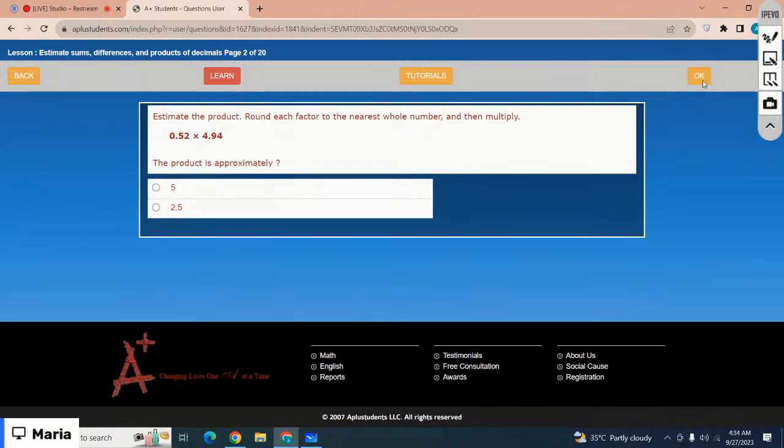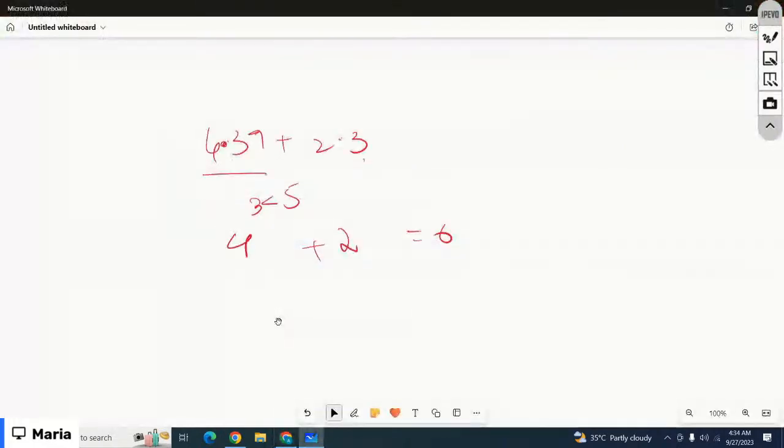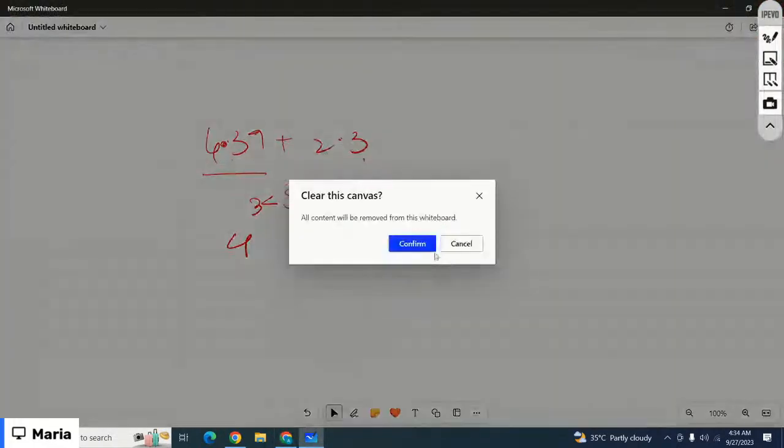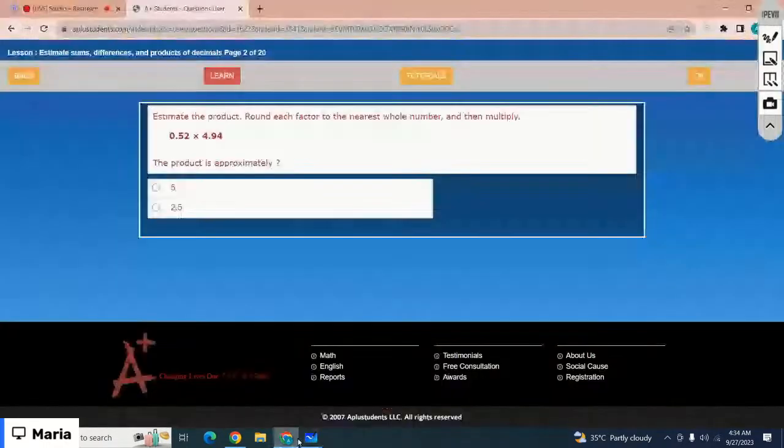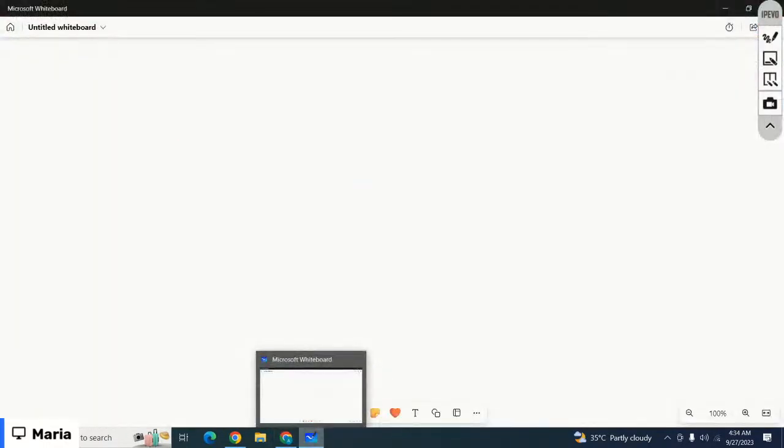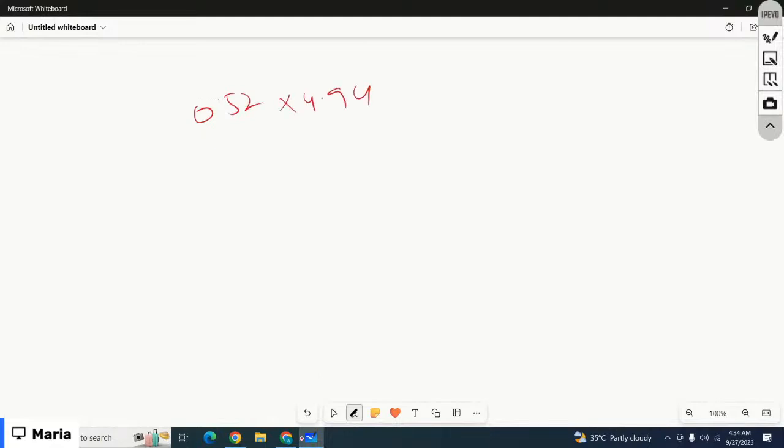The next one is 0.52 times 4.94. Okay, 0.52, you can round off this number to 0.5 or 0.50, right? And then 4.9, 9 is greater than 5. You have to round up, so it would be rounded off to 5.